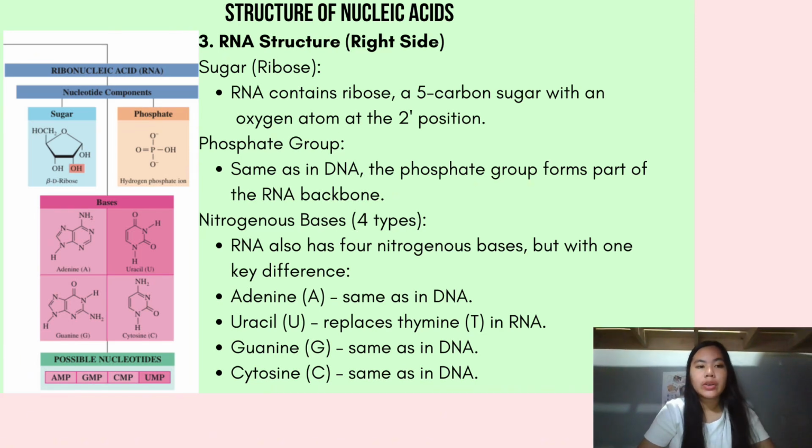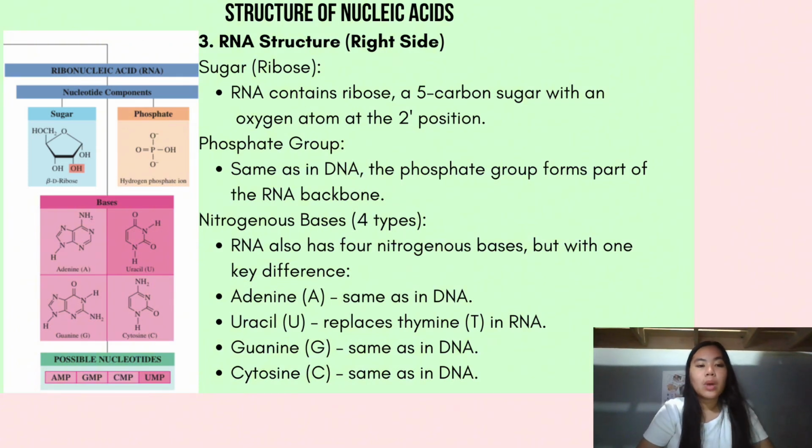RNA also has 4 types of nitrogenous bases, but with one key difference. Adenine, same as DNA, uracil replaces thymine. Uracil replaces thymine in RNA because uracil requires less energy to synthesize. RNA's roles, such as protein synthesis and regulation, do not require the long-term stability of thymine.